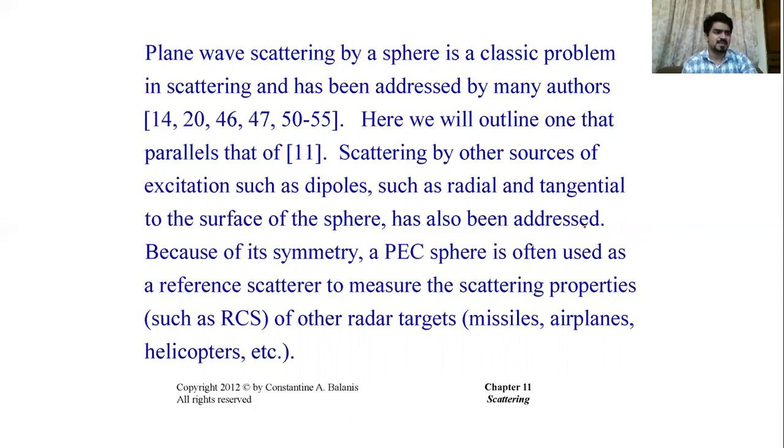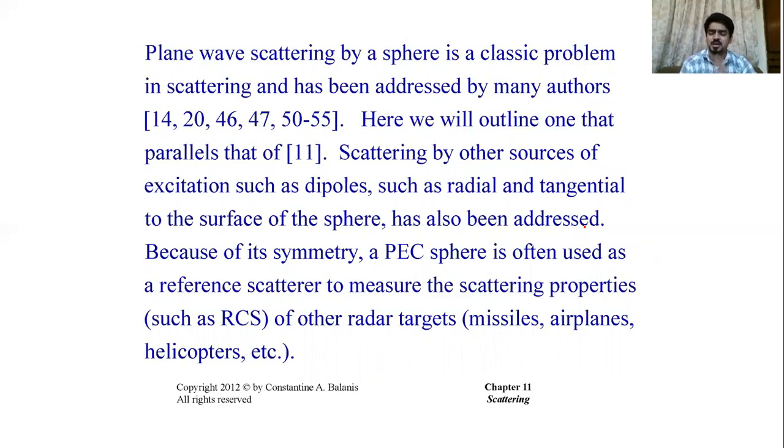And as I mentioned, why are we interested in this kind of structure? Why do we want to find scattering from a spherical structure? The thing is, it has rotational symmetry in both the orthogonal planes, the elevation plane along theta as well as the azimuthal plane along phi.